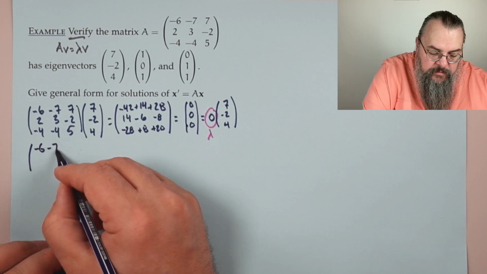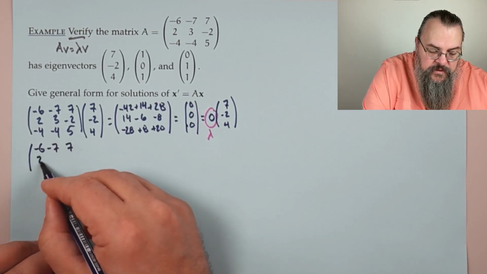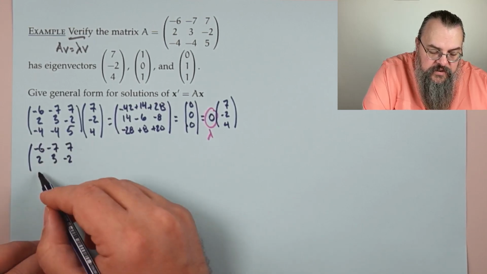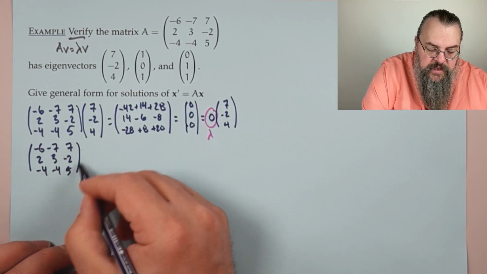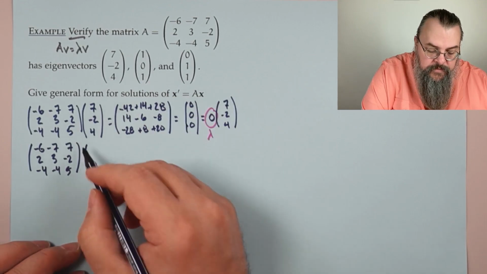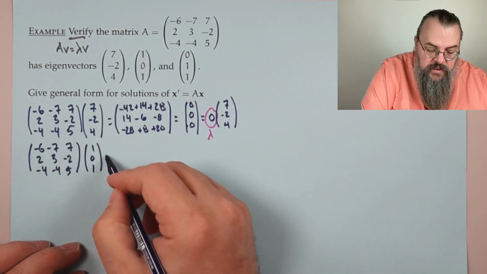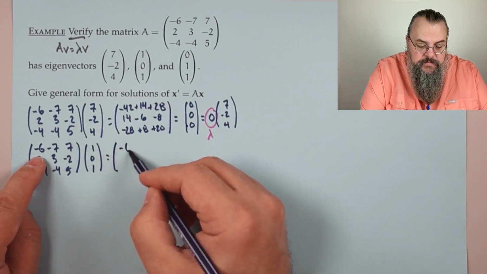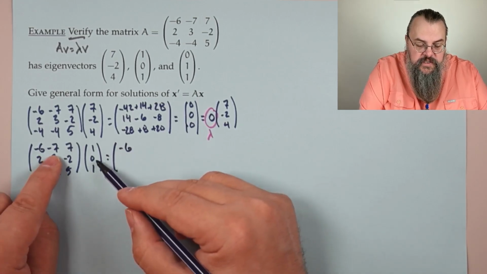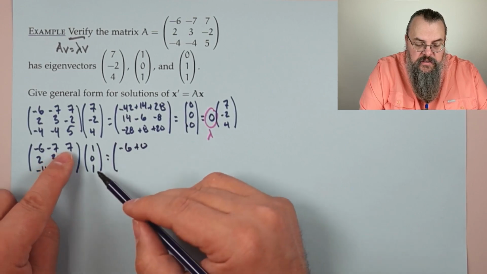So minus 6, minus 7, 7, 2, 3, minus 2, minus 4, minus 4, 5, times 1, 0, 1. Going through: minus 6 plus 0 plus 7.